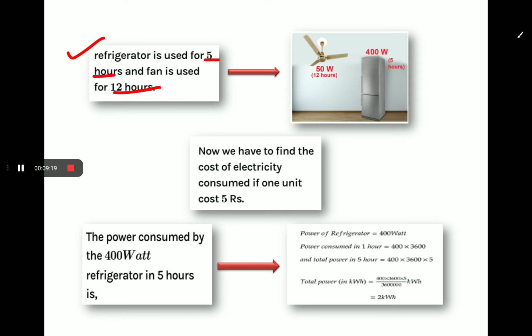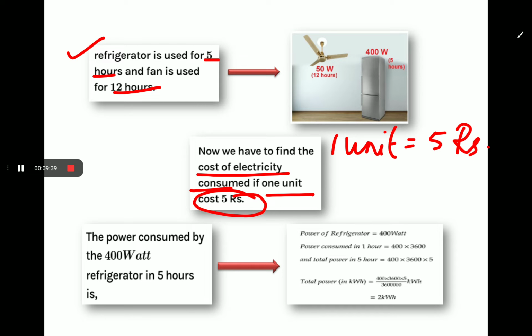Using all this information, we have to calculate the cost of electricity consumed if 1 unit costs 5 rupees.